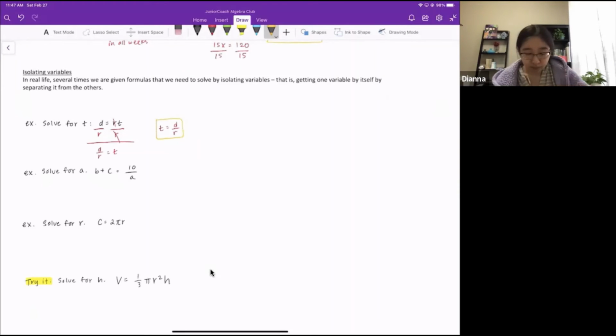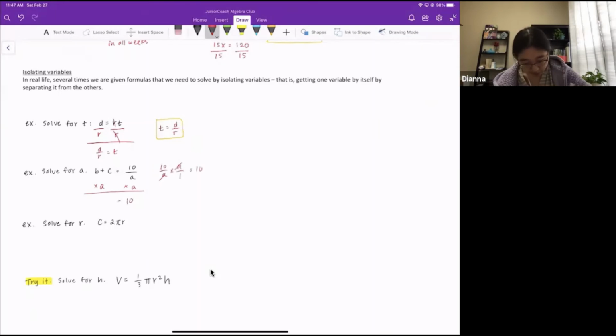So what I'm going to do here is multiply both sides by a. Okay, a. 10 divided by a times a cancels out the a's. If you're not sure, write it off to the side.